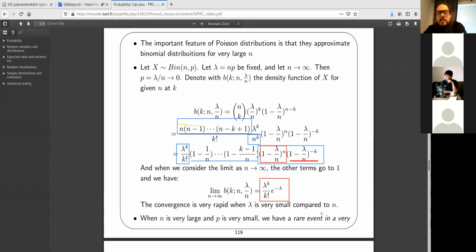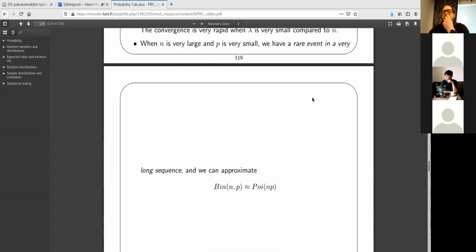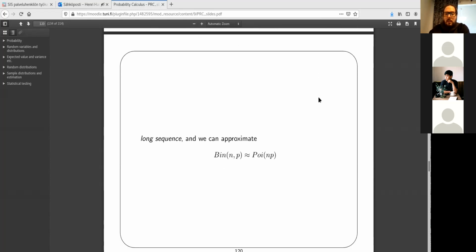The idea is that if you consider a binomial distribution with a very, very large n and very, very small p, we can think of it as a very rare event in a very, very long sequence of things happening.